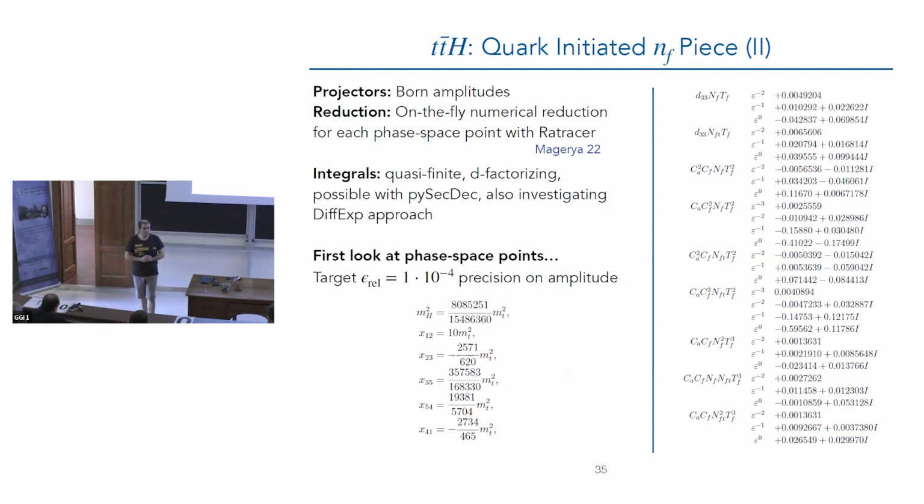Then why do you insist on integration rather than just solving the differential equations through, say, series expansion? Yeah, well, I mean, you can solve them numerically directly. Yes. So the approach that we're investigating is this diff-exp approach. You pick a phase space point and you leave one parameter free, let's say.